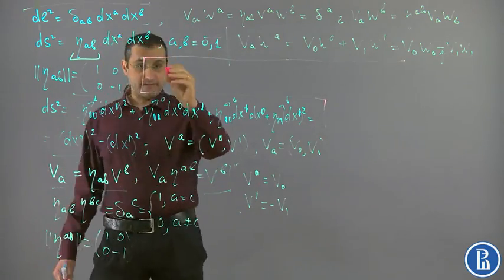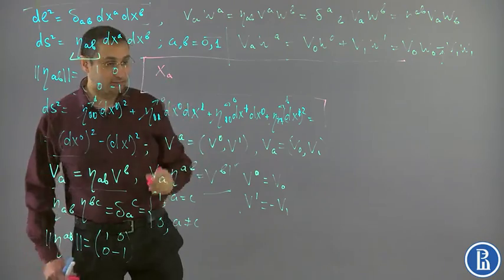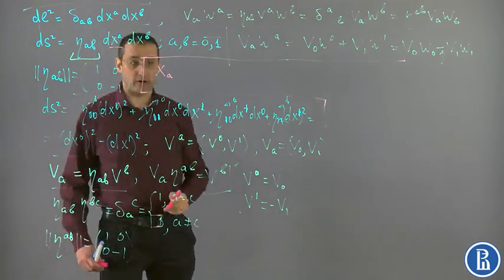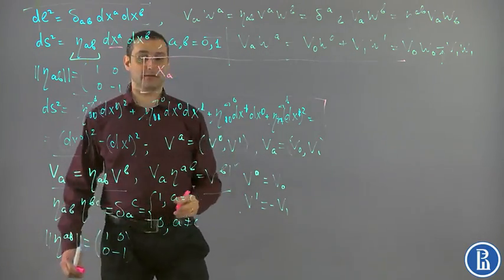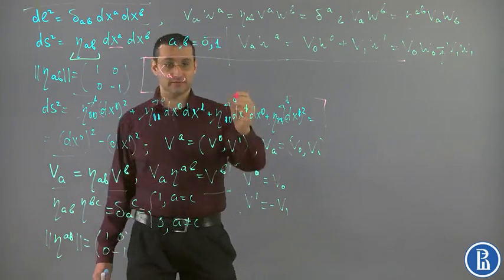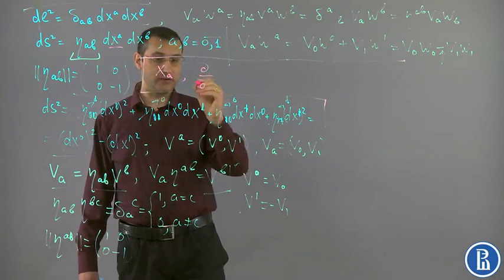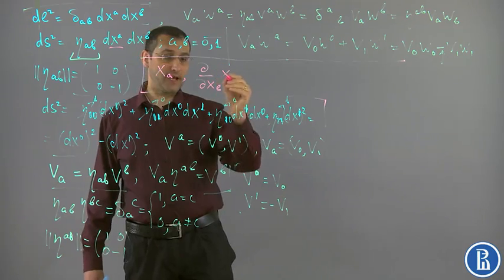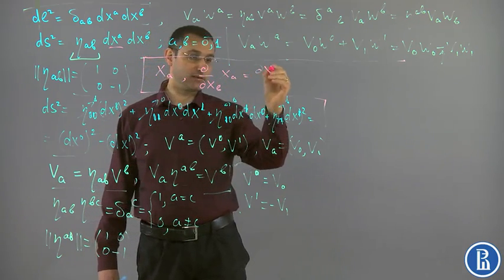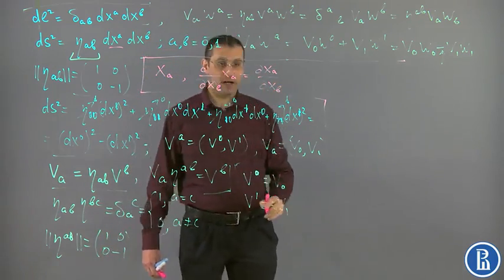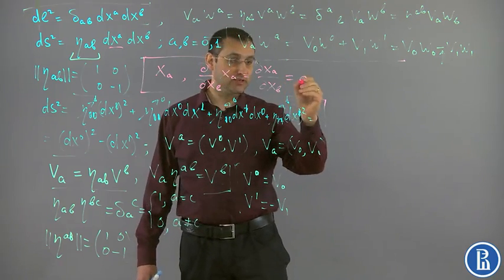For example, if we have a vector x^A, which is just this coordinate vector, we can take a differential of it, for example d over dx^B of x^A, which is dx^A over dx^B, the same. And I will use a shortened notation, ∂_B x^A.